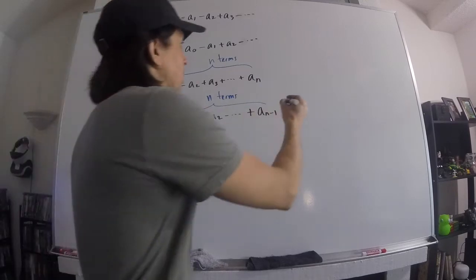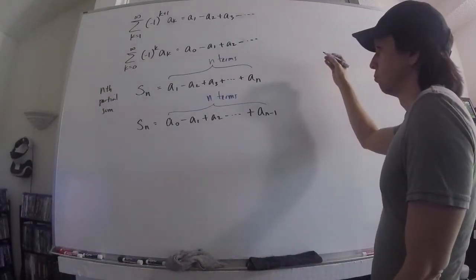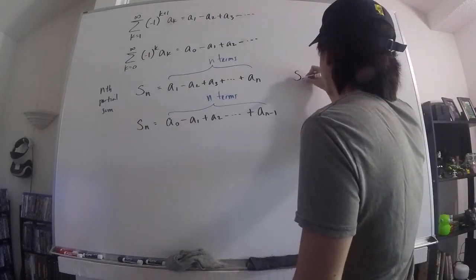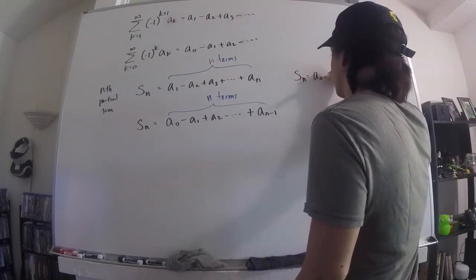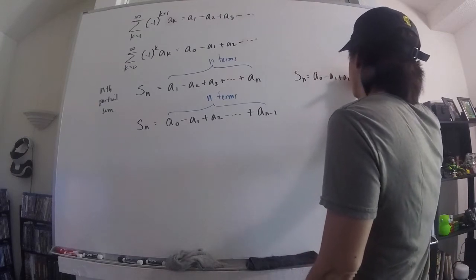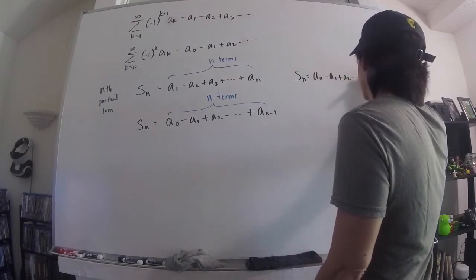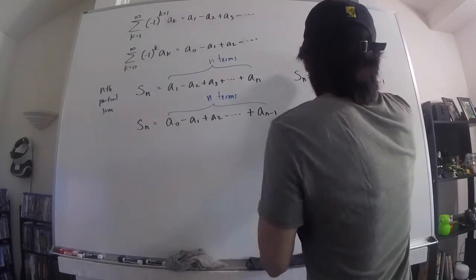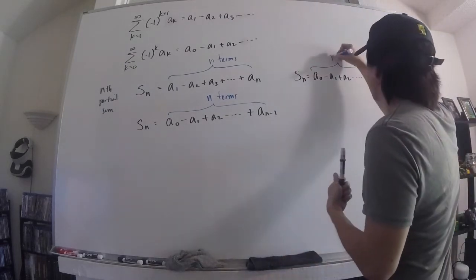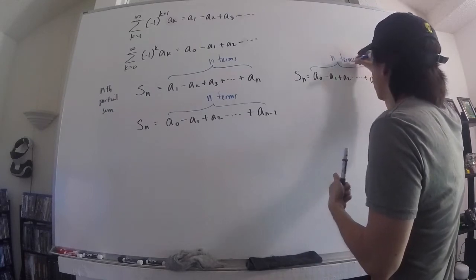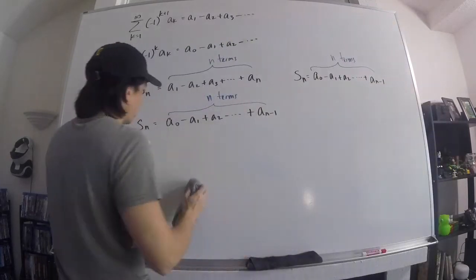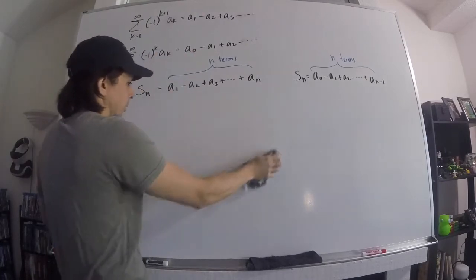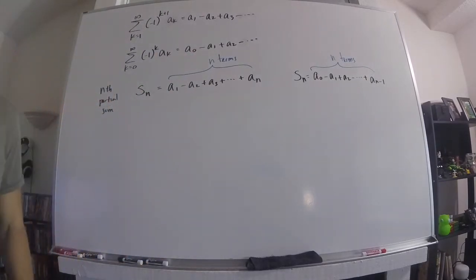And so the nth partial sum, where you're just summing n terms, not the infinite terms that you would need for the exact value of the series, can be an approximation.